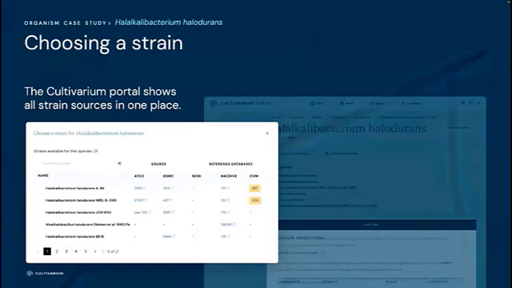Then from this display, you can select the specific strain that you're looking for and what type of information you can find in the strain page. So to start, you can find information on growth.